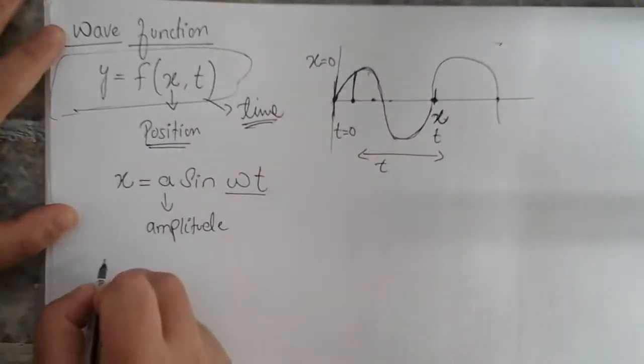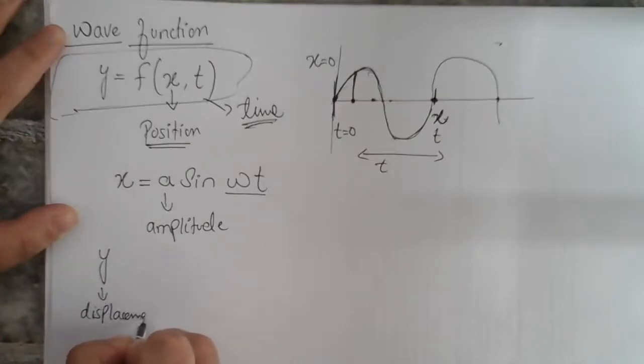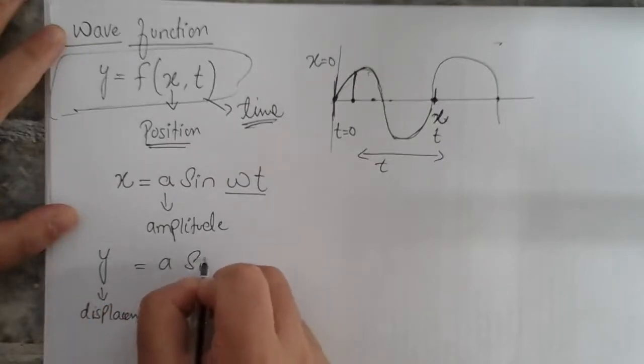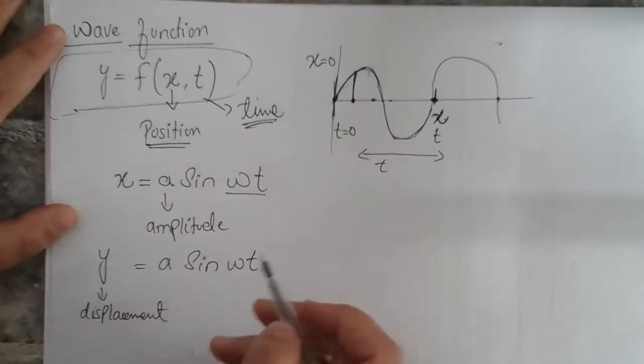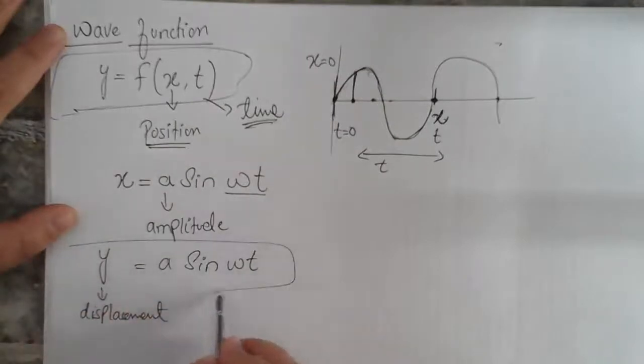So in wave motion, y represents displacement and is equal to A sine omega t. Okay, now we know that in wave motion all the particles have wave motion, so we will start from the simple harmonic motion equation.